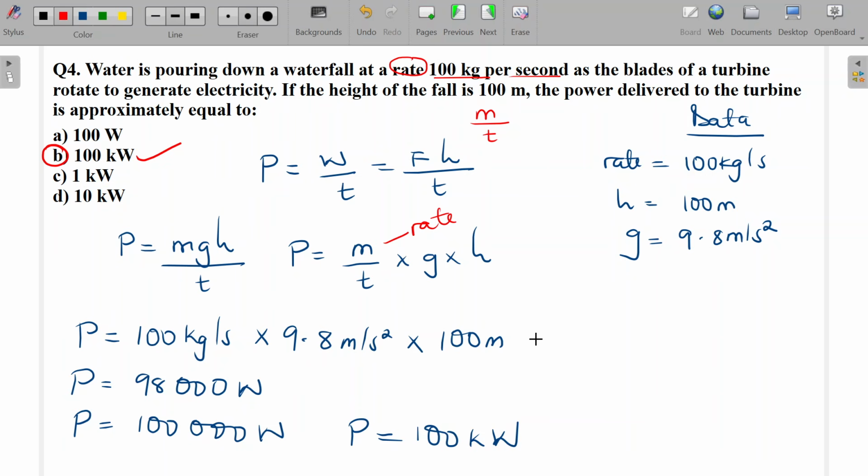Multiplying everything, I got 98,000 watts, so P is about 100,000 watts. As a result, I wrote it with the prefix kilo, and it became 100 kilowatts. Is it clear now?